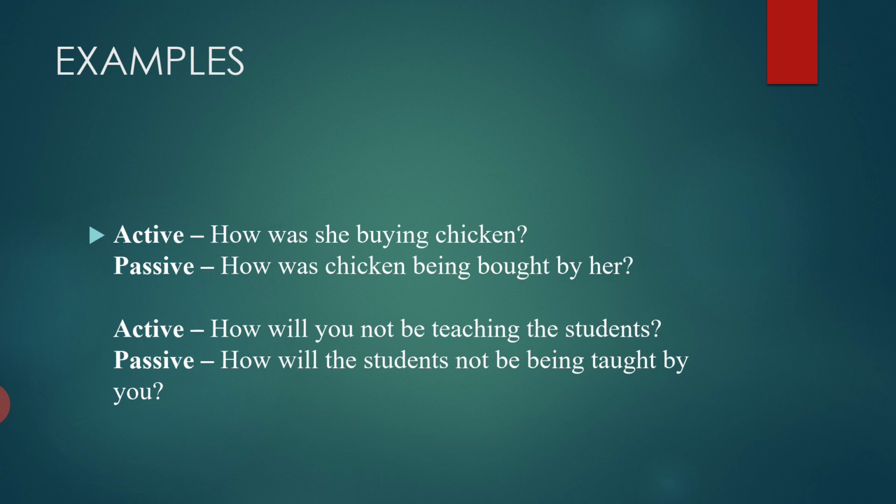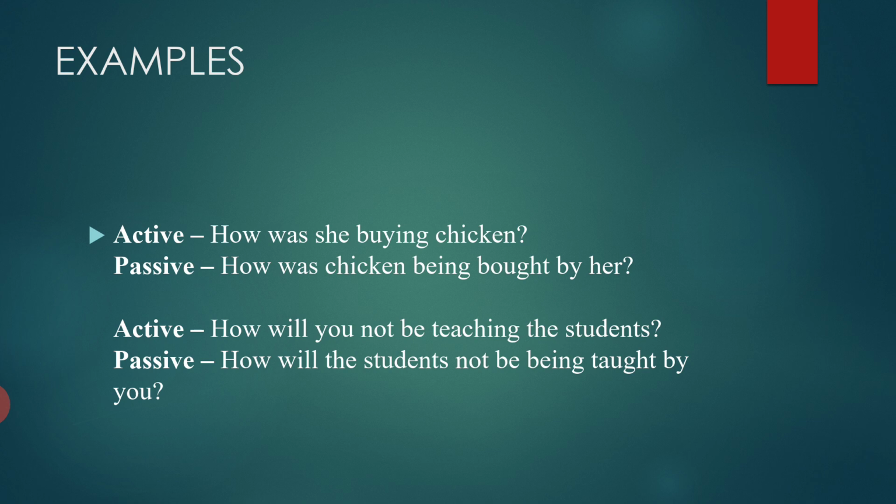How will you not be teaching the students? How will the students not be being taught by you? Okay, because it is will be teaching, a future continuous tense sentence.